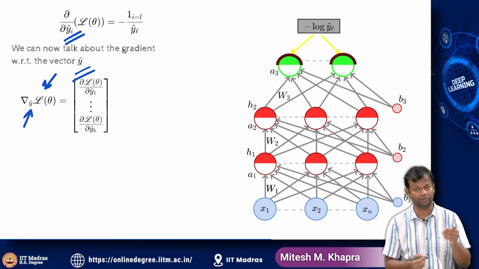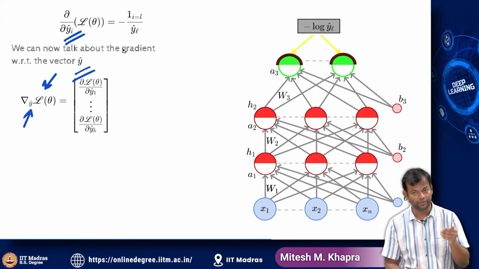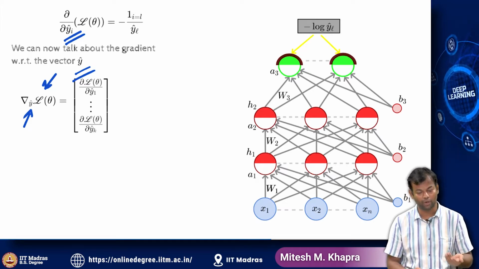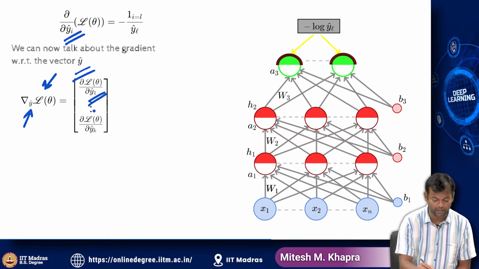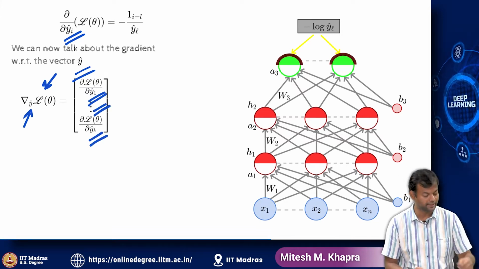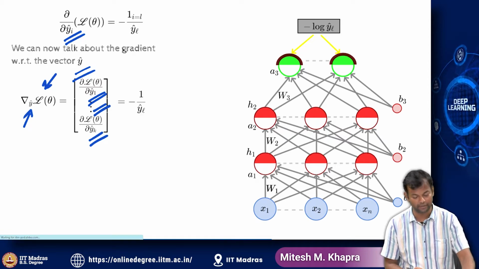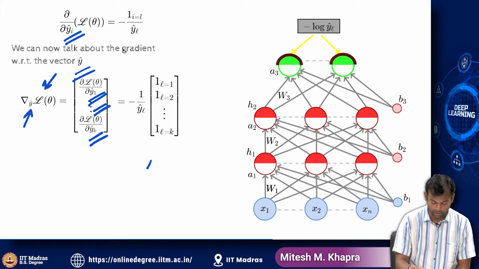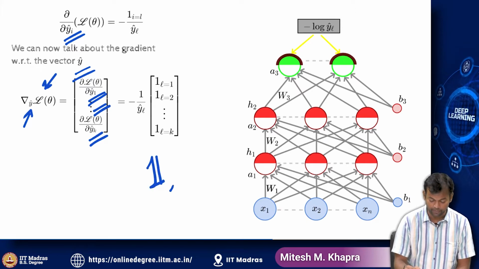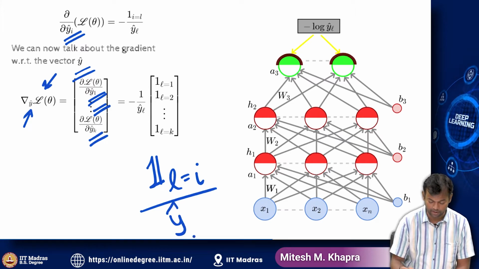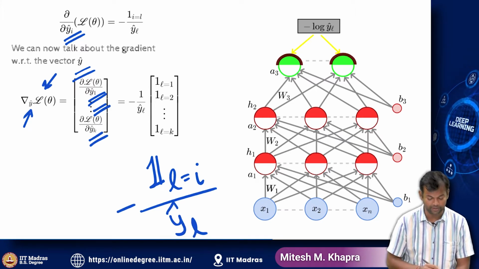It's just a collection of the partial derivatives of the loss function with respect to all the elements of y hat. And what are all the elements of y hat? y1 hat, y2 hat, all the way up to yk hat, right? So it's just a collection of all these guys. And I have the formula for any one of them, right? So this is what the formula looks like. The formula was the indicator variable L equal to i divided by y hat L, and the minus of that, right?